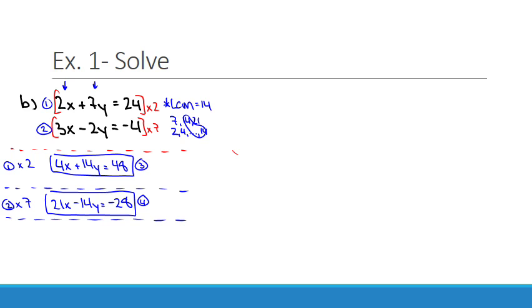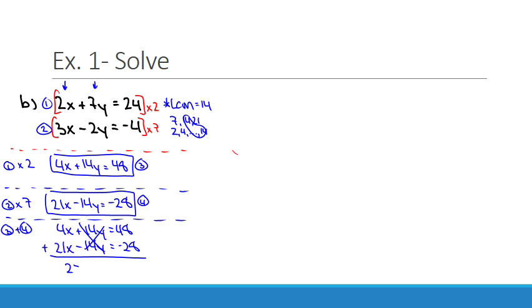Now I have my elimination ready to go, so I can actually just eliminate. So I'm going to add 3 plus 4. 4x plus 14y equals 48. So I'm just writing out these two lines again. 21x minus 14y equals negative 28. And these will cancel out. 14 minus 14 is 0.